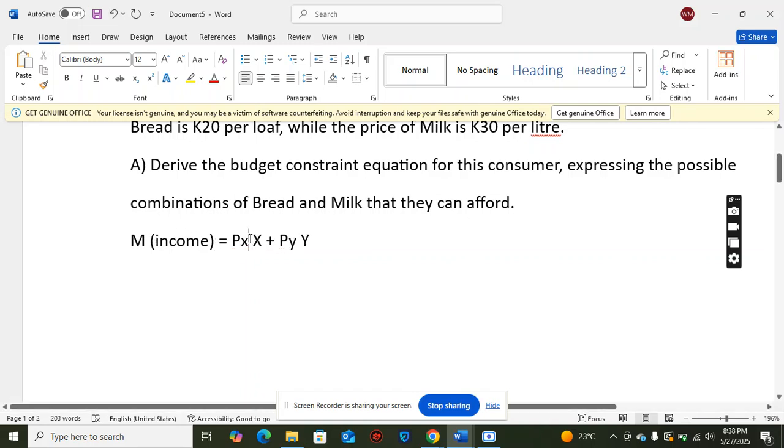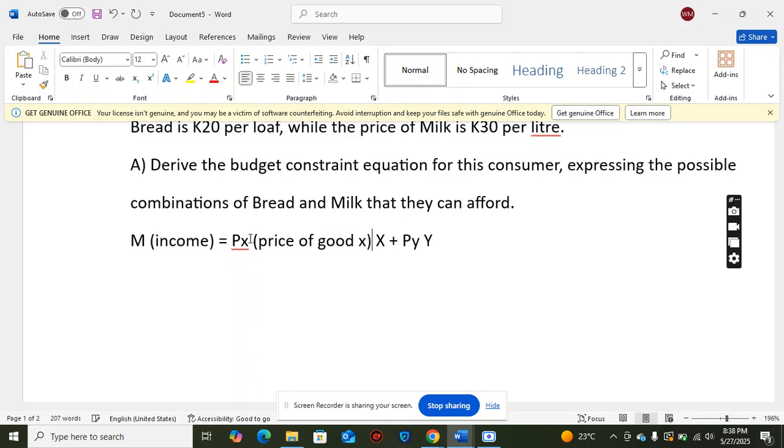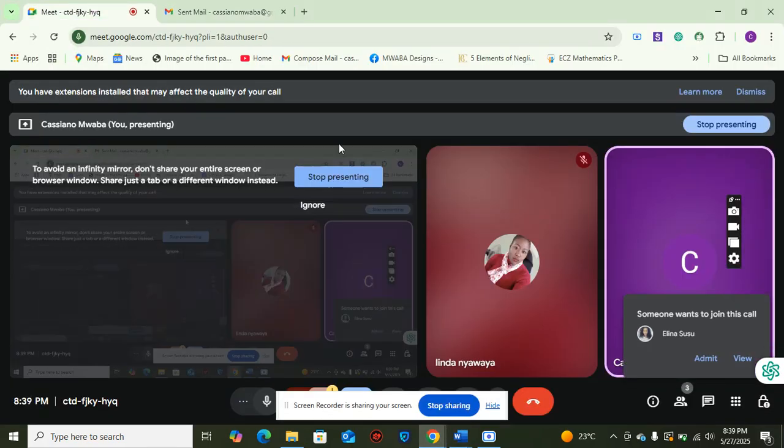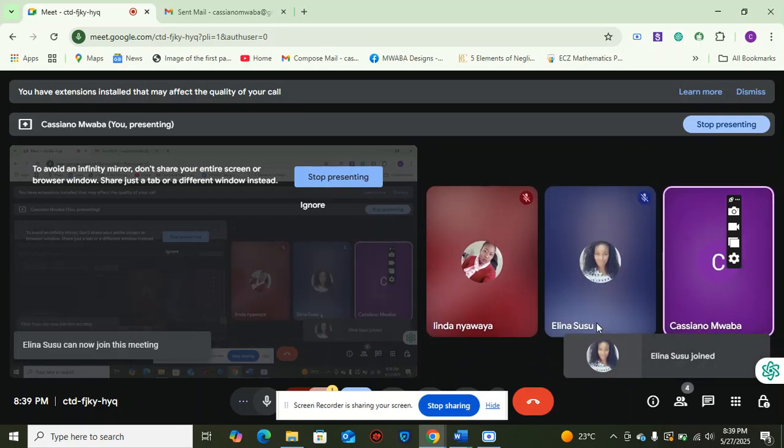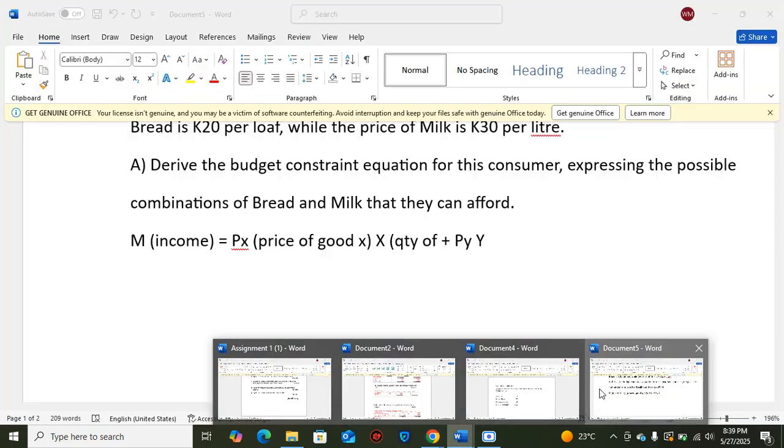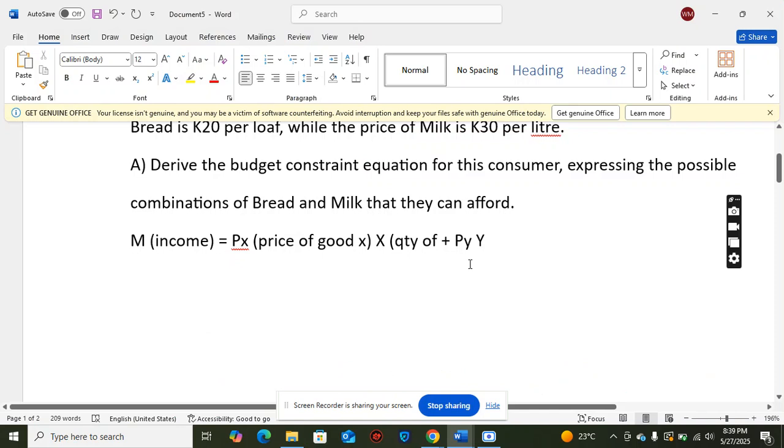Px is the price of good X. This big X here is the quantity of good X. In this case, our good X is bread.